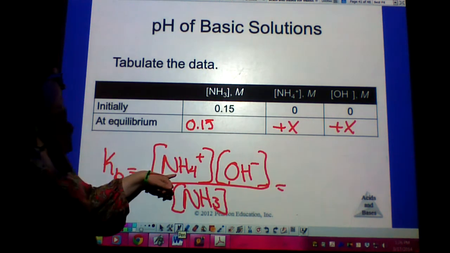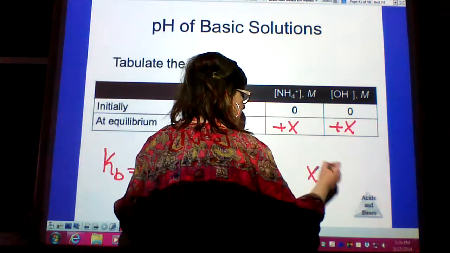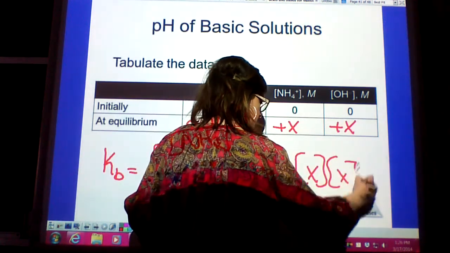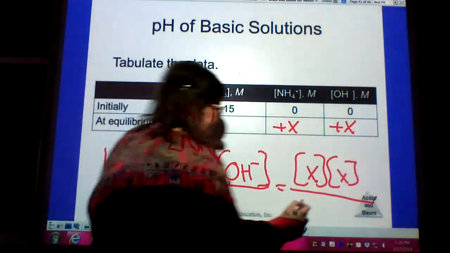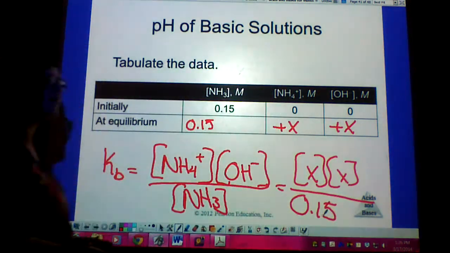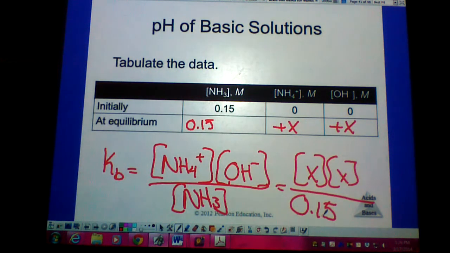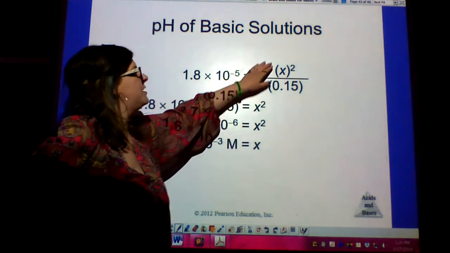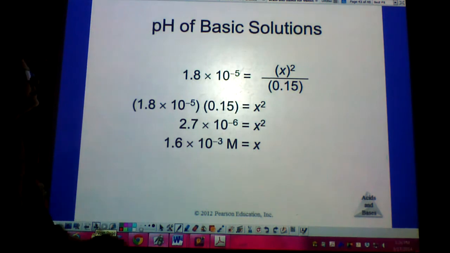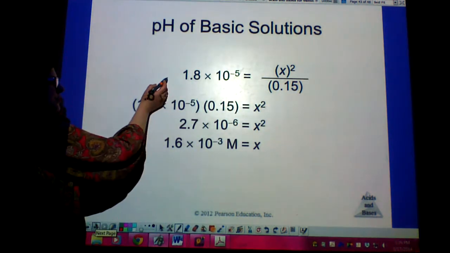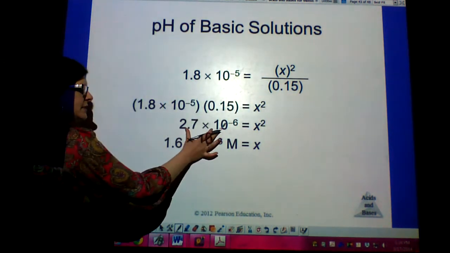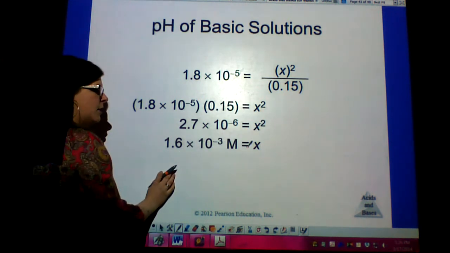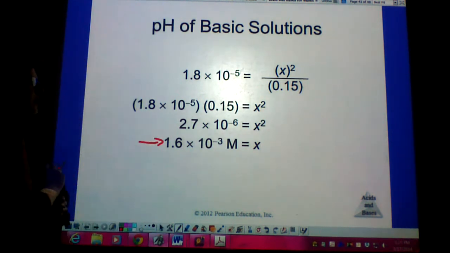So we have x times x over 0.15, and we knew that Kb was equal to 1.8 times 10 to the negative fifth. So 1.8 times 10 to the negative fifth equals x squared over 0.15. Let's multiply both sides by 0.15, so we're just doing some algebra now. I get 2.7 times 10 to the negative 6 equals x squared. If I square root both sides, this is what I get, 1.6 times 10 to the negative third for my x.